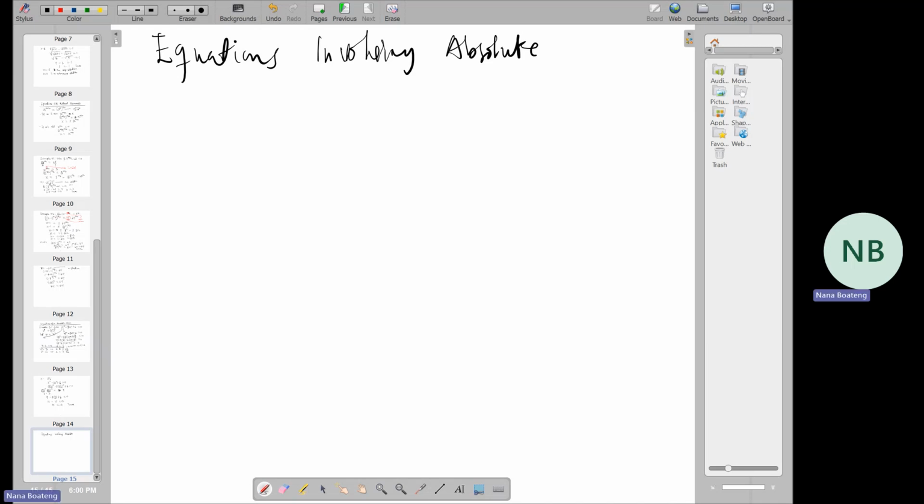So we looked at equations that are of quadratic form. Let's also look at equations that involve the absolute value.